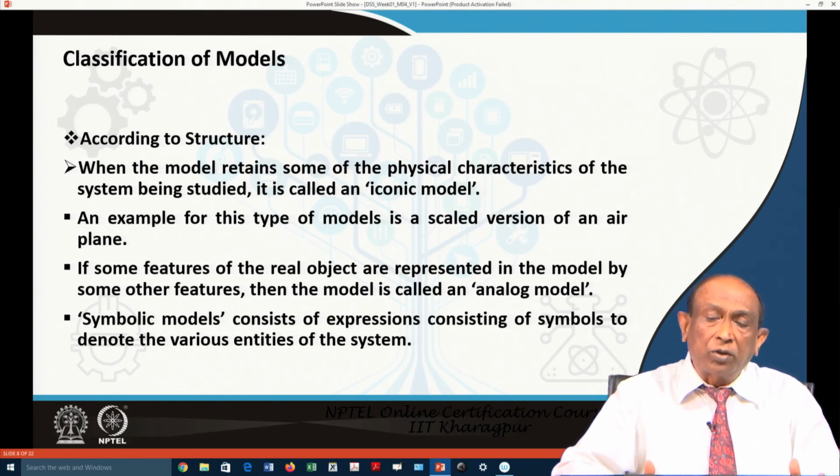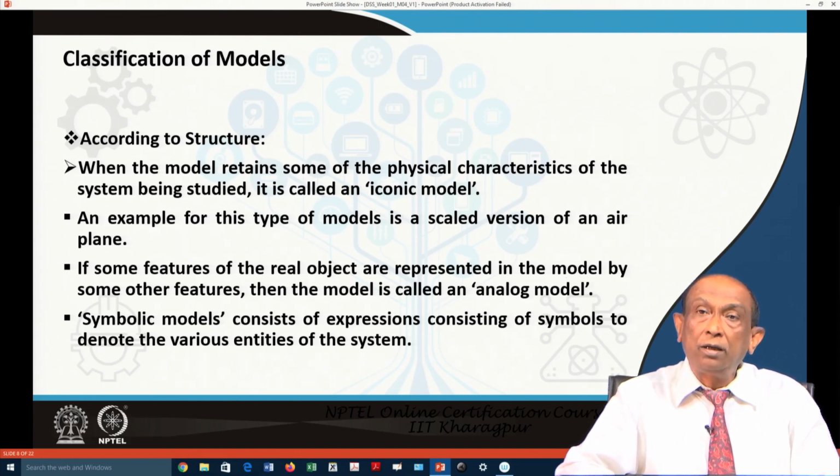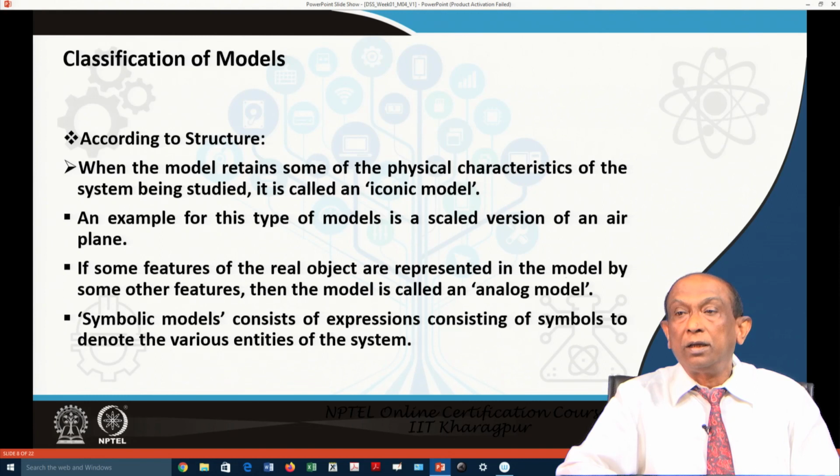If some features of the real object are represented in the model by some other features, then that type of model is called an analog model.